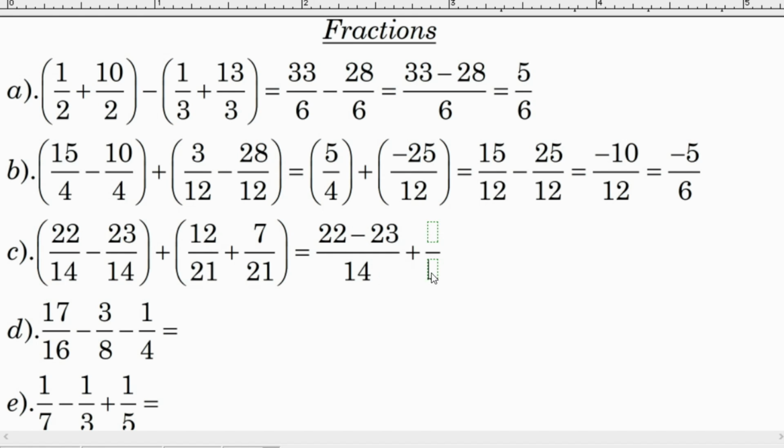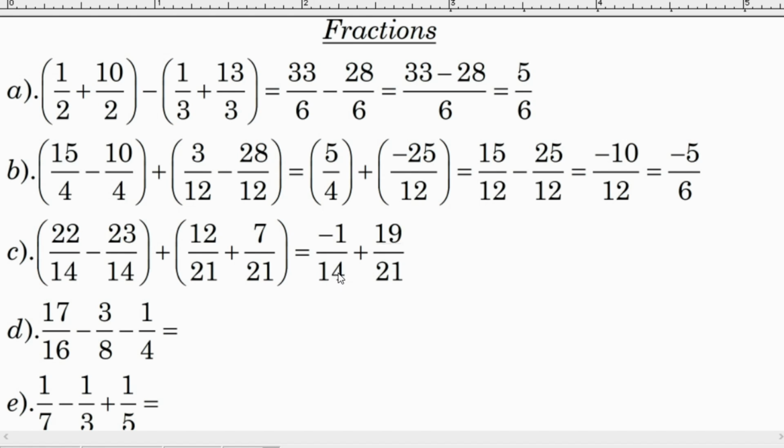So we take 21 as the same denominator, and then 12 plus 7. So here is equal to minus 1. And then here is equal to 19. Okay, so right.